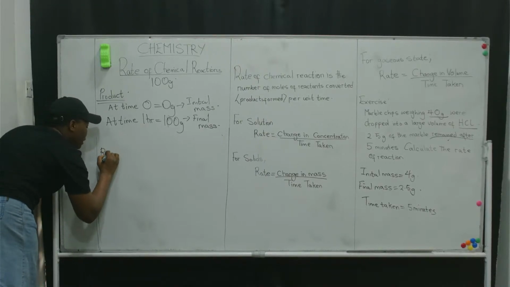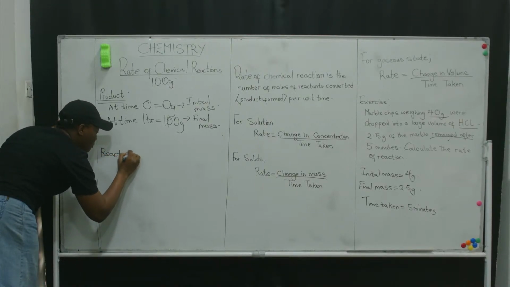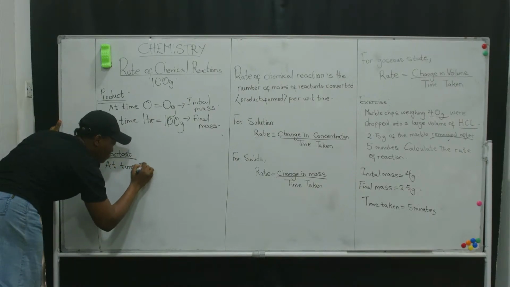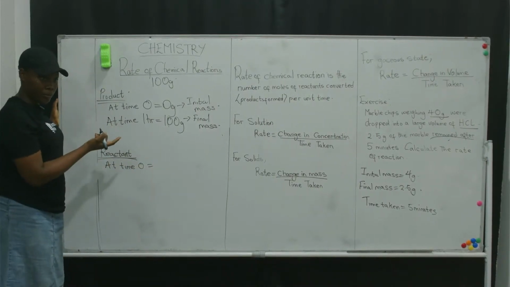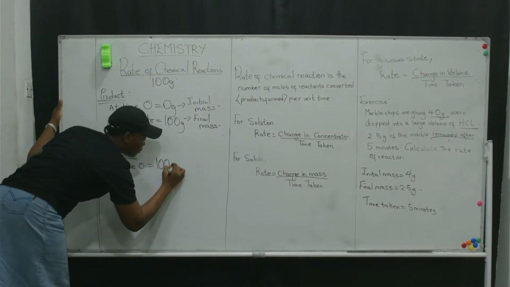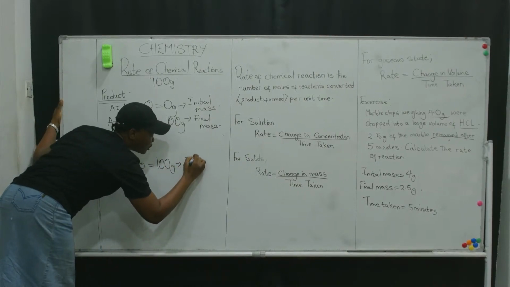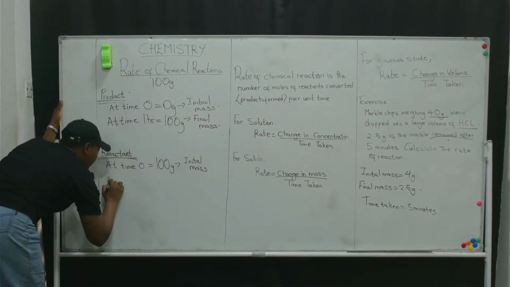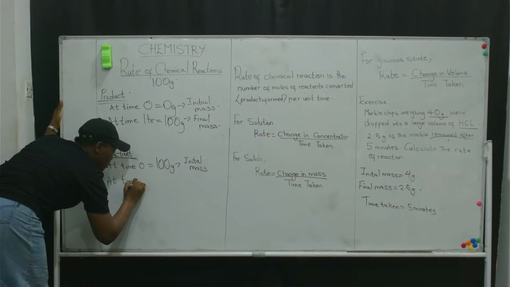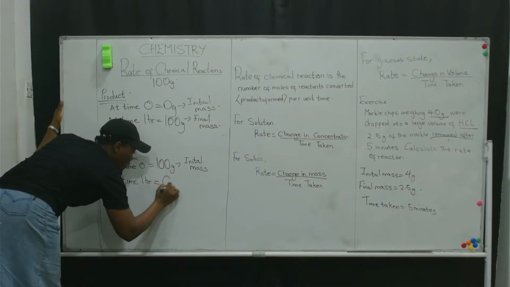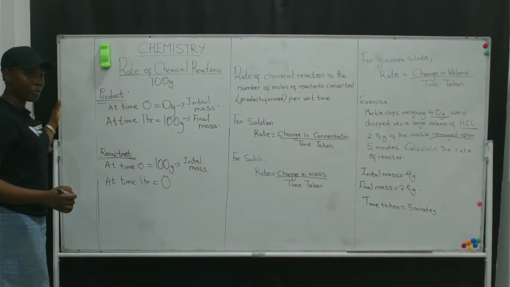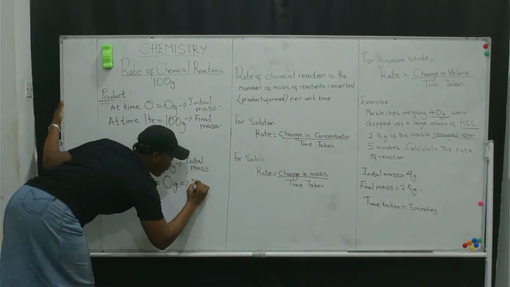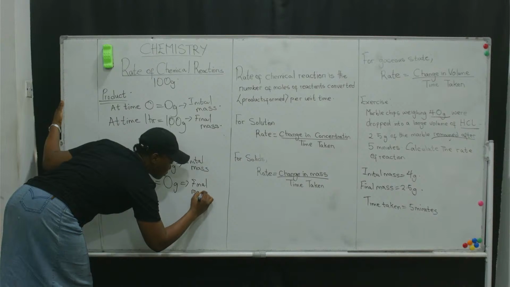Let's consider the reactant. At time 0, the mass will be 100 gram, and this is what you call the initial mass. At time 1 hour, this will give you 0. Do you agree? Because everything would have been converted to product, and this is final mass.